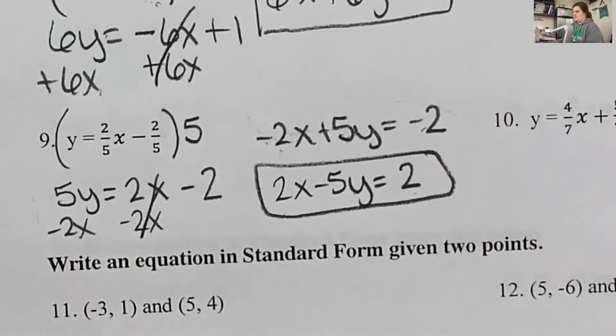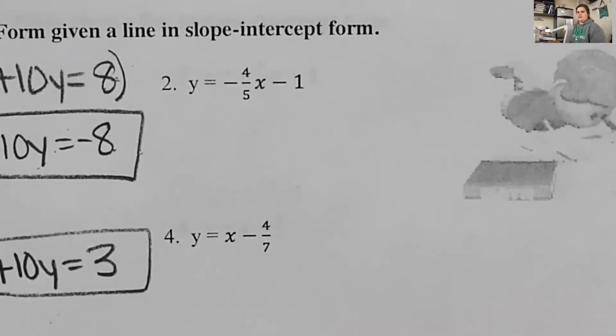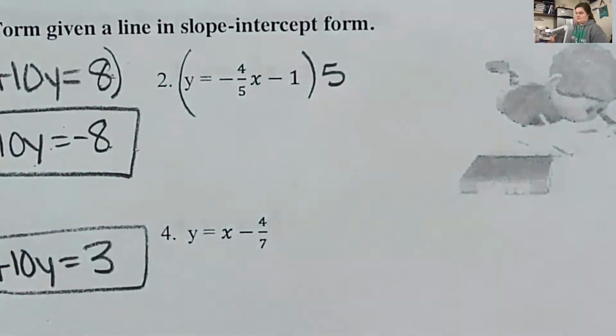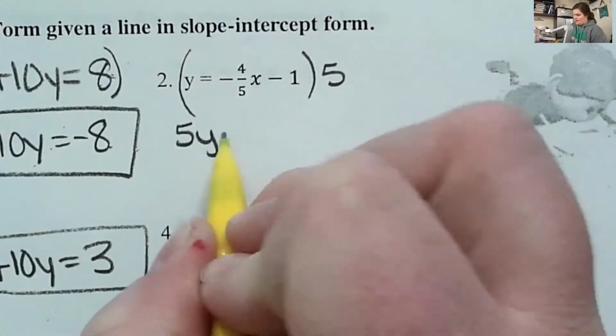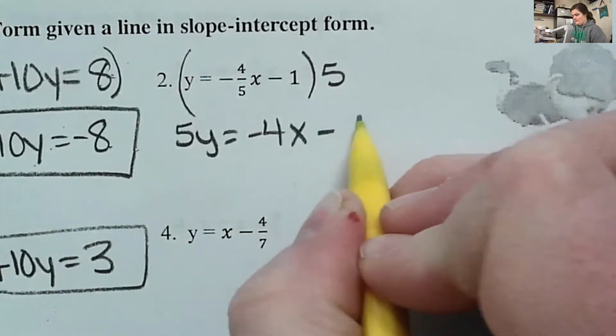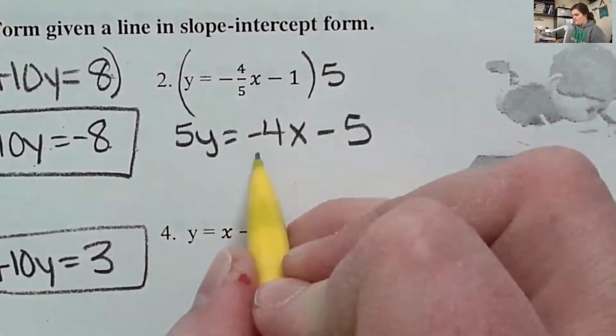Okay, we'll try another one. Try this number 2 here. Common denominator would be 5, multiplied by 5. So 5y equals negative 4x minus 5. Bring that x over.